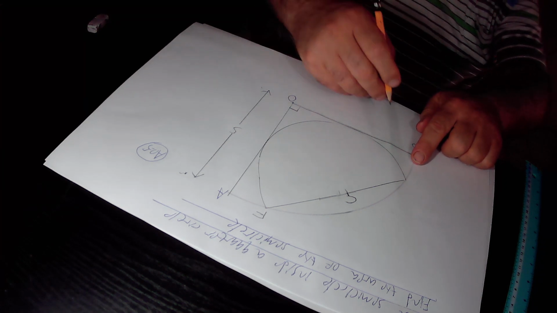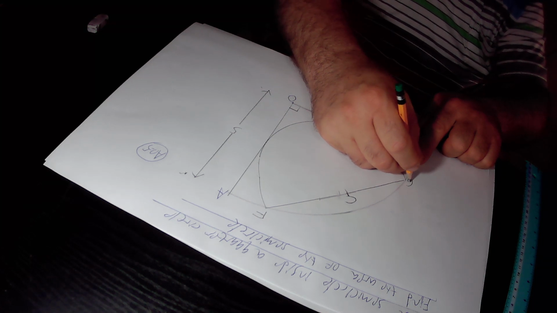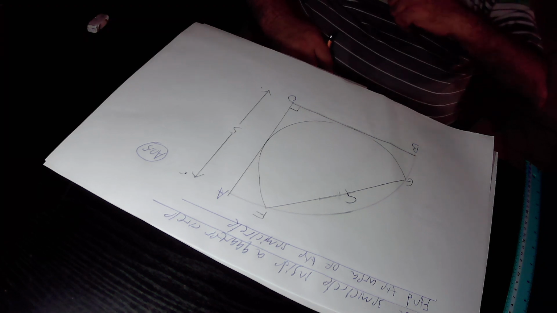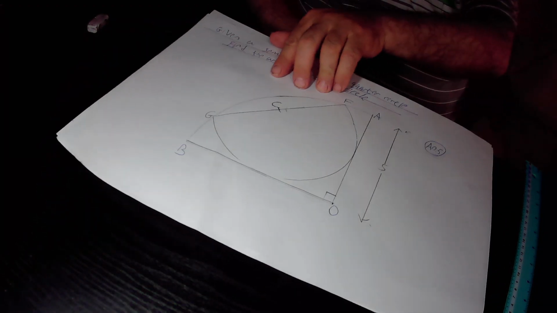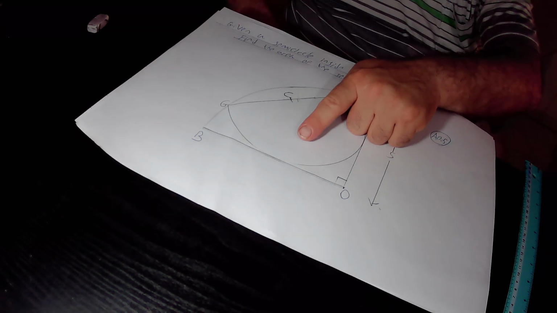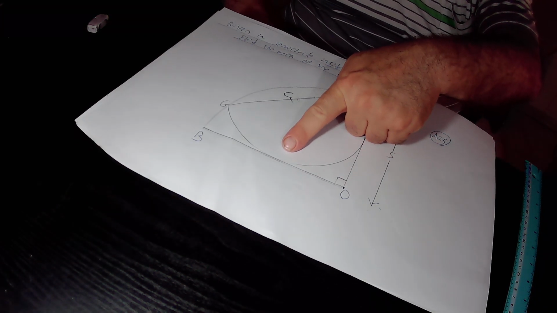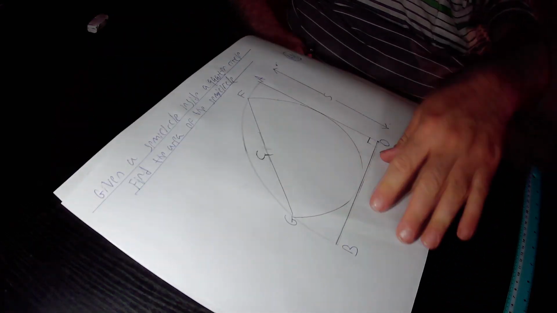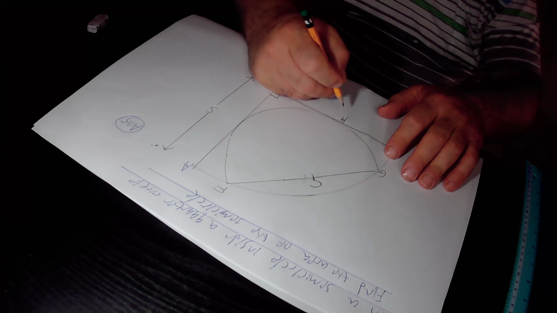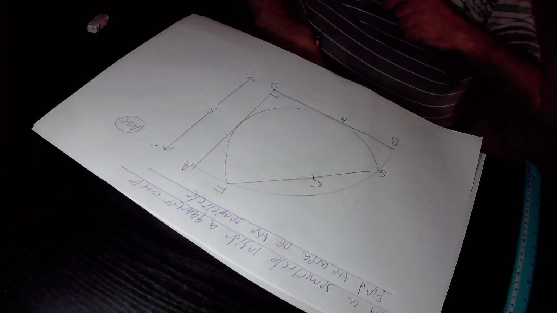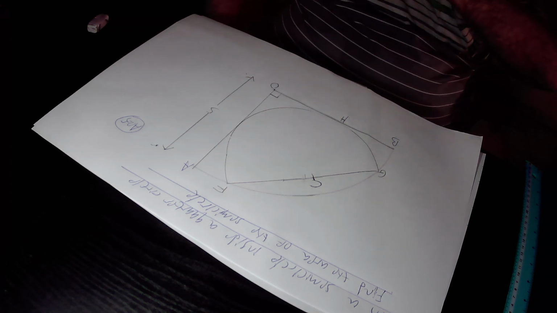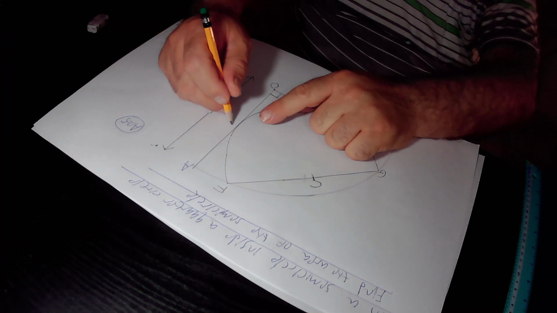This point is point G. Likewise, we will define the touching point of tangent BO with this semicircle. This point is point H. And finally, we define the point of tangency of tangent AO with this semicircle. This point is point L.